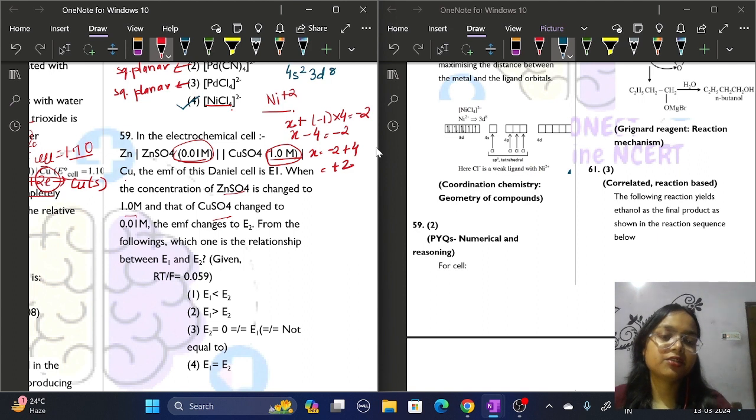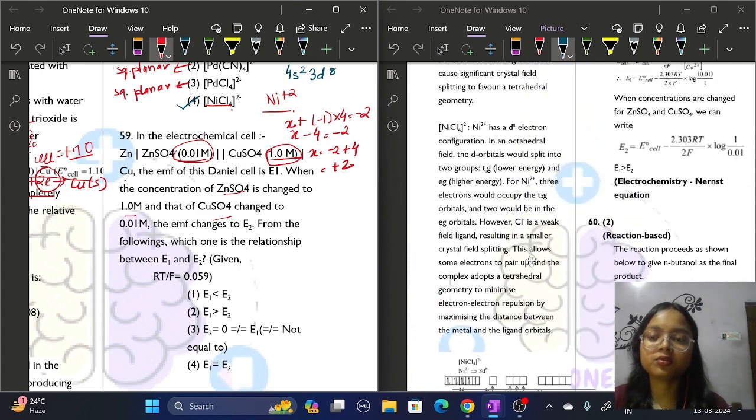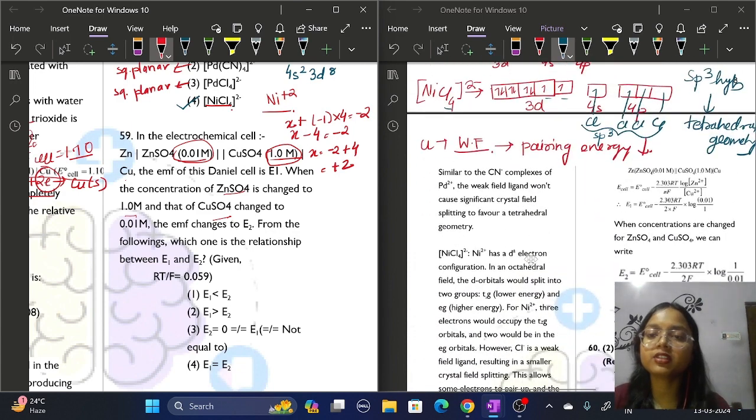When the concentration of ZnSO4 is changed to 0.1 and the concentration of CuSO4 is changed to 0.01, the EMF changes to E2. Which of the following relationships between E1 and E2 holds? So you have to find the relationship between them. This one is a numerical type question.